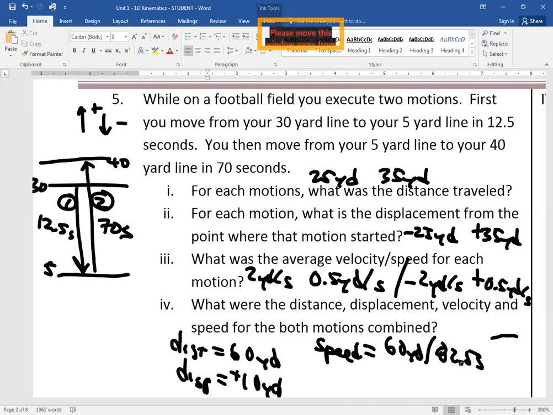Right? And then the velocity for the whole thing would be, okay, how would I calculate the average velocity for the whole thing? 10 over 82.5.